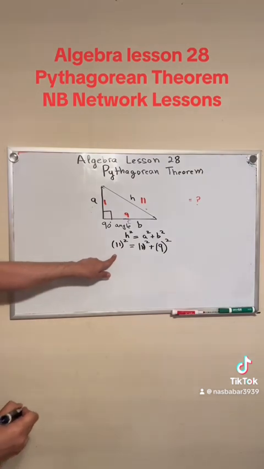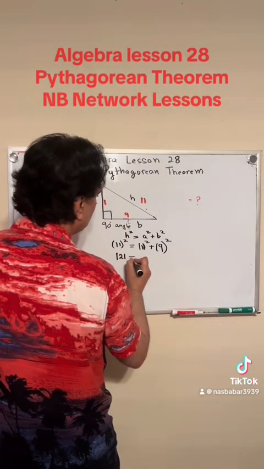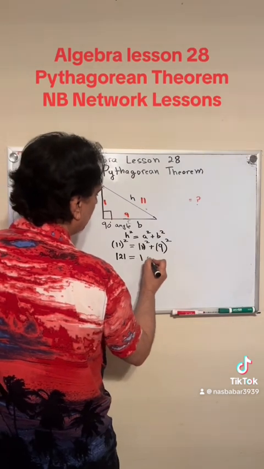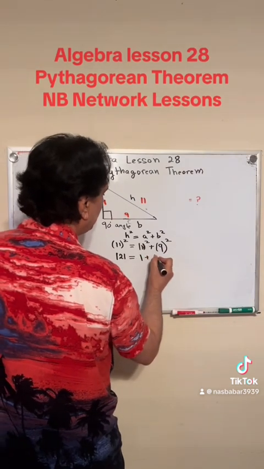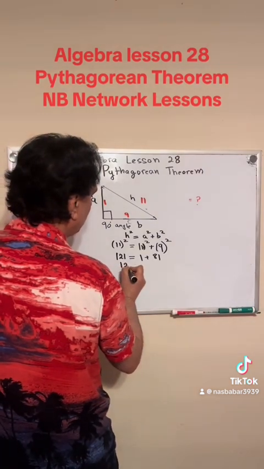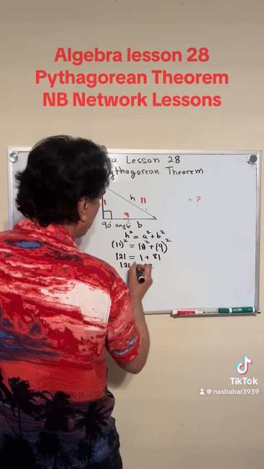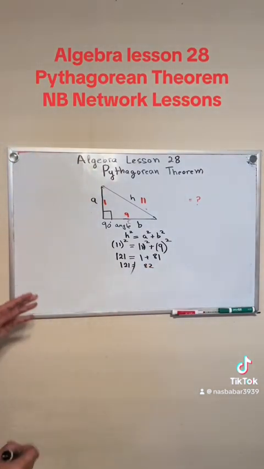So 11 square is 121, okay? 1 square is just 1, and 9 square is 81. So then we have 121 is equal to 82, which is not true, okay?